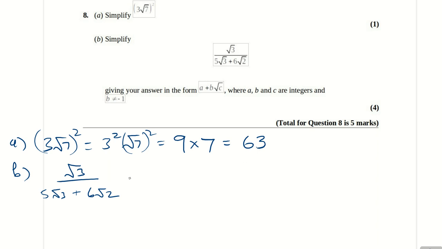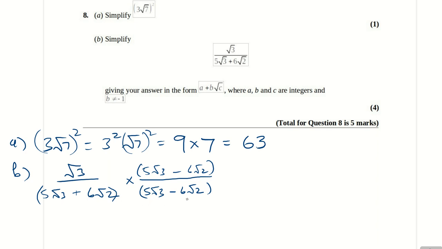Right, so we do these by multiplying the top and the bottom by the same expression, and normally it works if we multiply by the conjugate, because what we want to do is get rid of the square roots on the bottom.